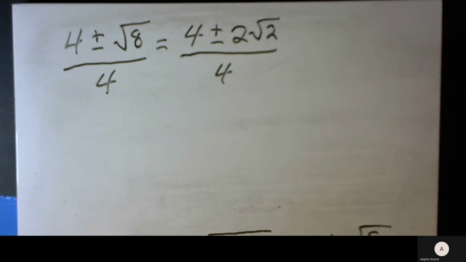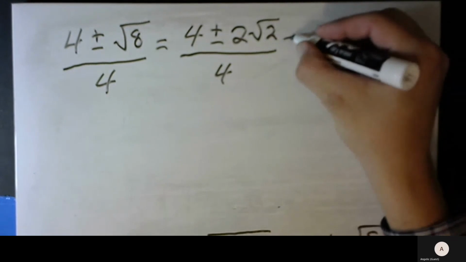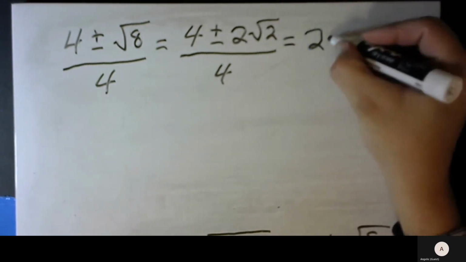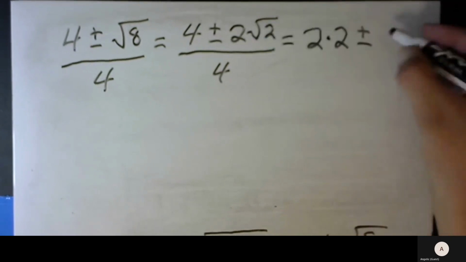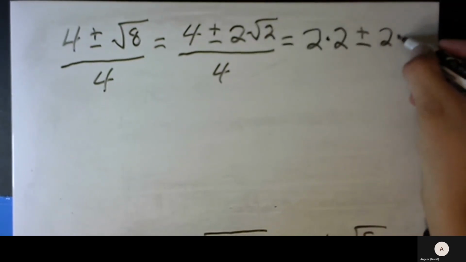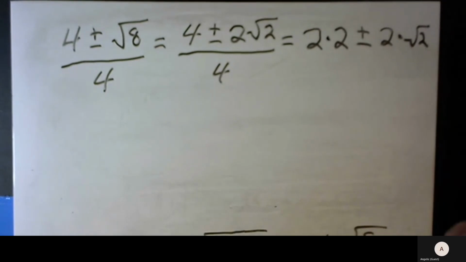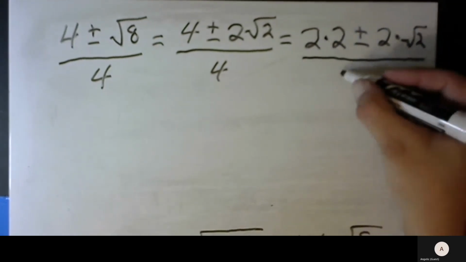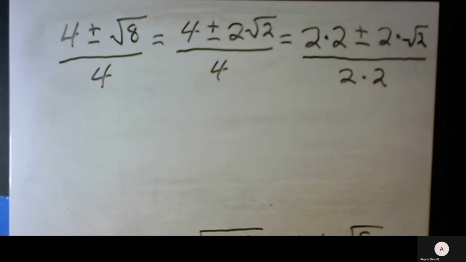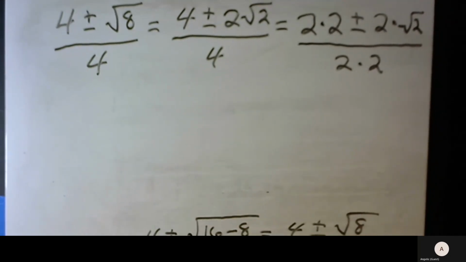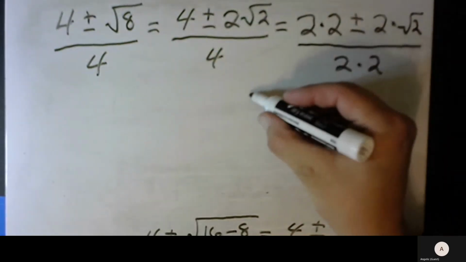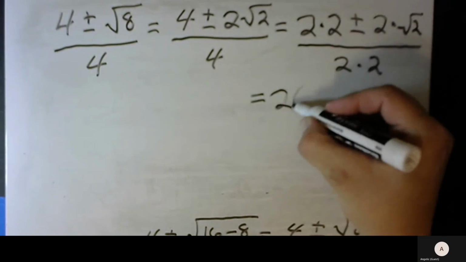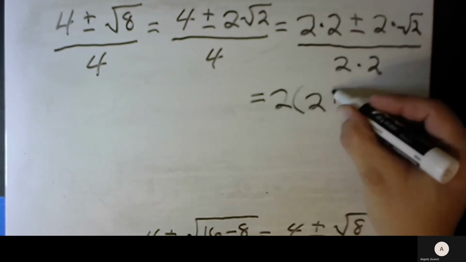Now, what we can do next is called factoring. 4 is 2 times 2. 2 root 2 is 2 times square root 2. And of course, the 4 down here will be 2 times 2. Now, we have a times 2 and a times 2. This looks like it was a 2 that got distributed.